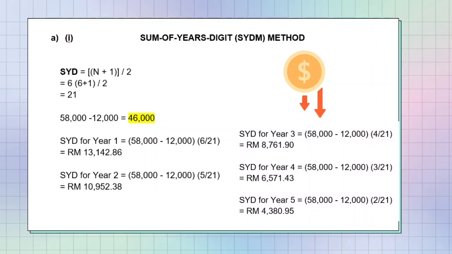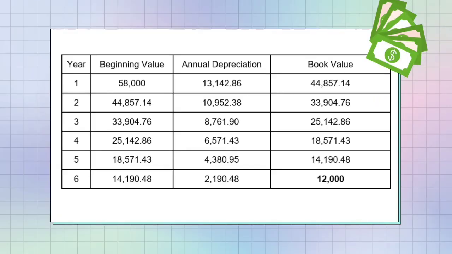For example, the year 1 rate is 6 divided by 21, and for year 2, it is 5 divided by 21, and it will decrease one by one each year. As you can see in the table, the beginning value will be minus the annual depreciation, and the answer will be put in the book value.